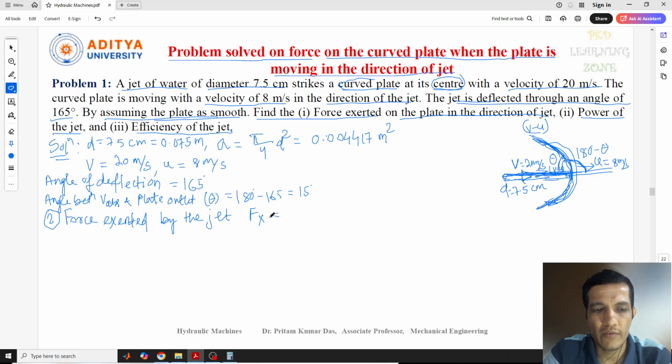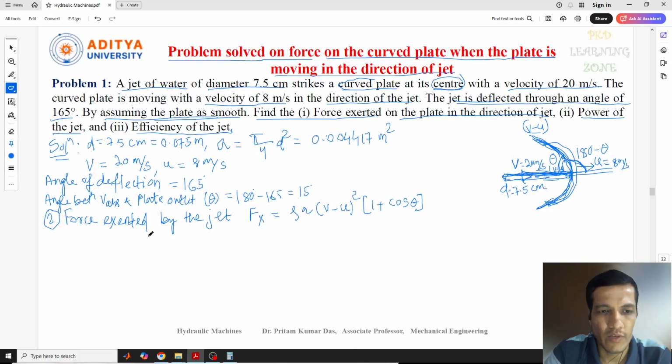This formula we have derived in our last video lecture. Fx equals rho A (V minus U) squared, times the bracket 1 plus cos theta. This is the formula.